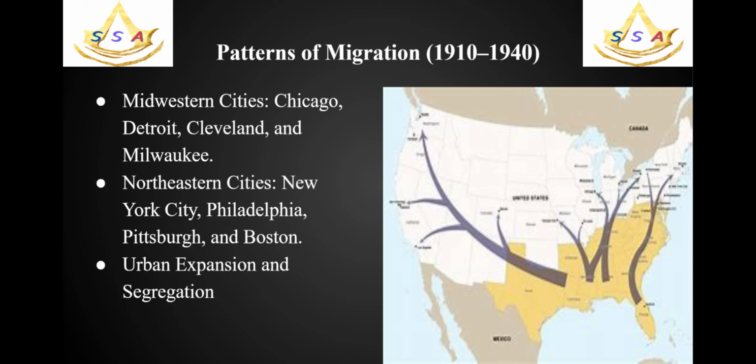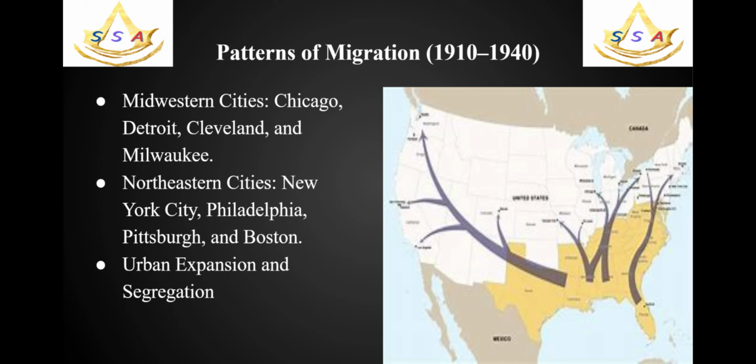When it comes to the patterns of migration, in the first wave of the Great Migration you saw 1.6 million African Americans leave the South, primarily settling in urban centers in the North and Midwest. Major destinations in the Midwest included Chicago, Detroit, Cleveland, and Milwaukee.